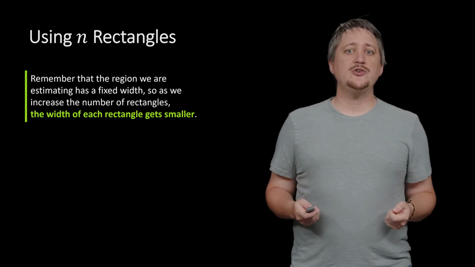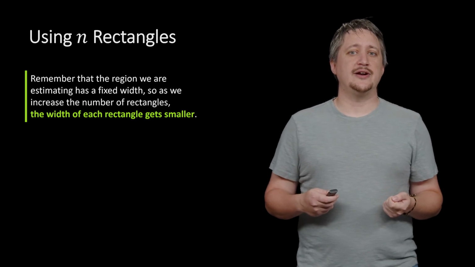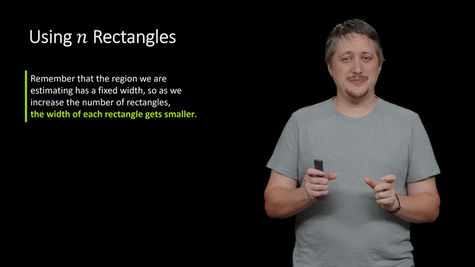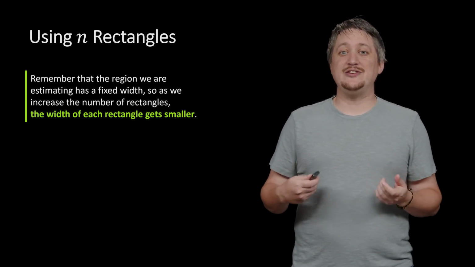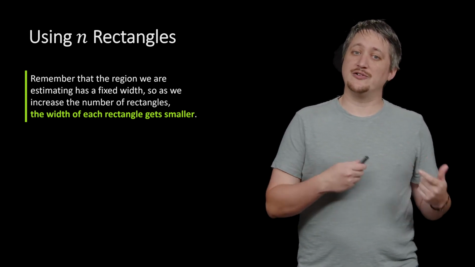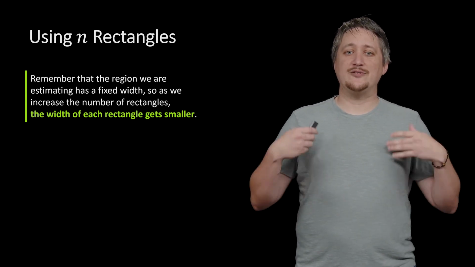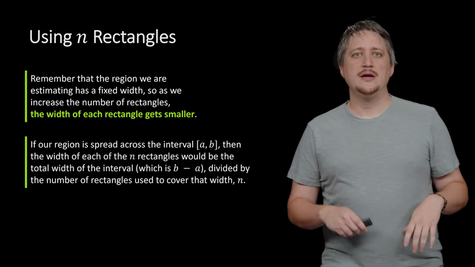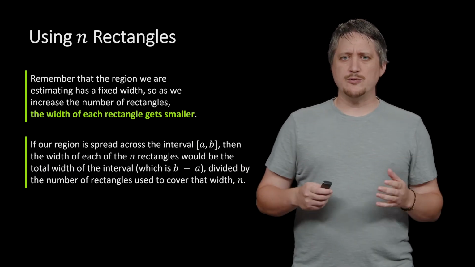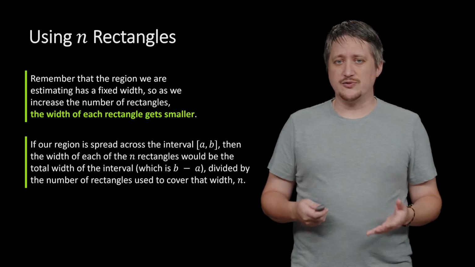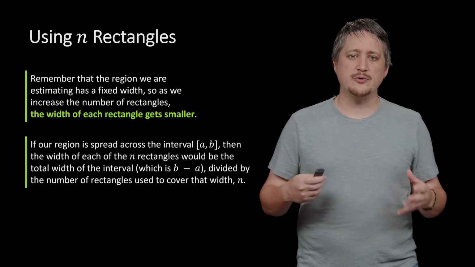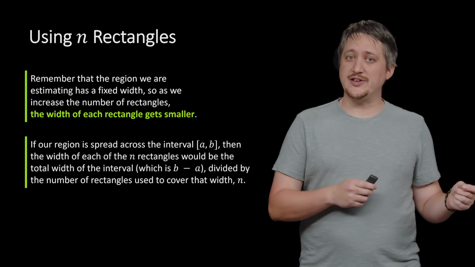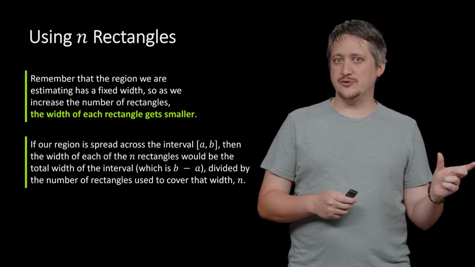So as we increase the number of rectangles, as we jam more rectangles in there that are all supposed to be the same width, that means that the width of each individual rectangle gets smaller and smaller. The idea is as we increase the number of rectangles, each rectangle gets thinner, okay? So if we start with some region in general, again, trying to develop a general formula, if our region is spread across some interval a to b, again, with our concrete example, 0 to 6 was the interval that it was on.